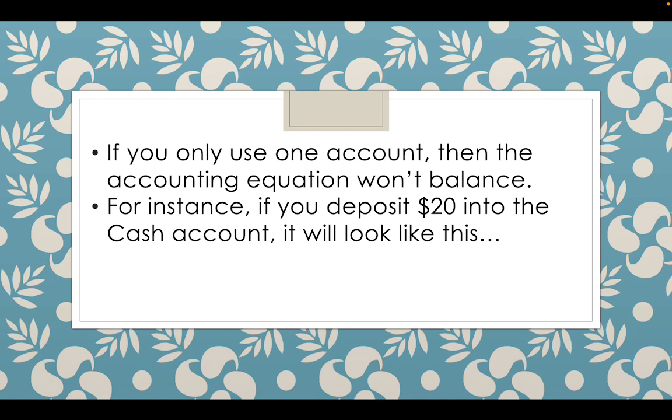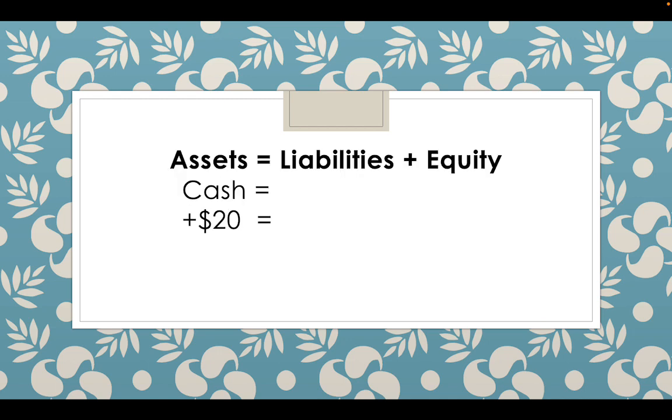Now, when you look at that in terms of the accounting equation, it looks like this. You have cash going up by $20 on the asset side of the equation, but you don't have anything else. And mathematically, if you add $20 to the left side of this equation and you don't do anything else, you just stop right here, then this equation cannot balance.